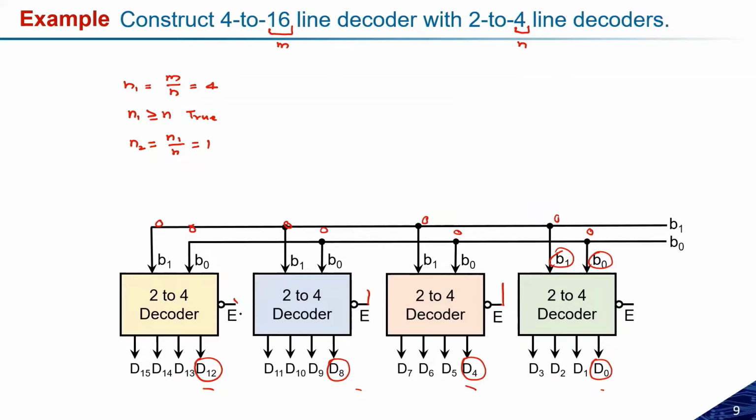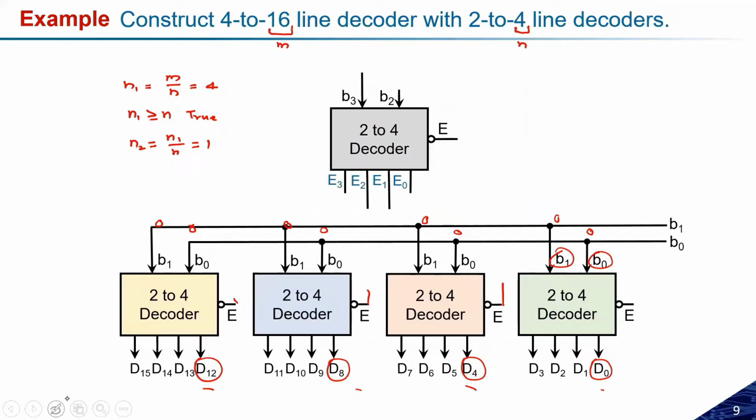Now, this enable signal needs to be controlled with the help of a decoder. We know that a 2 to 4 decoder has 4 outputs, and the outputs of this 2 to 4 decoder will connect to all the enables, and that will activate the respective decoder circuits. So see here, if B3 and B2 are 0, 0, E0 will become 1 and the rest will become 0.